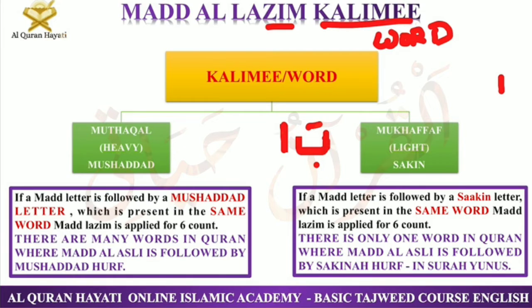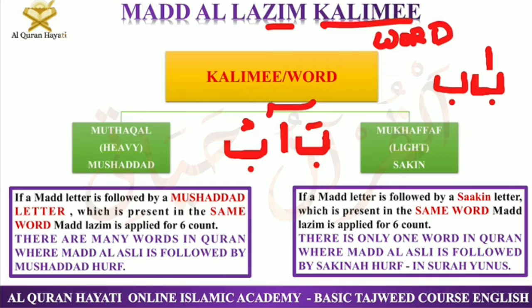We can also take ba with standing fatha, because even standing fatha is huruf al-mad. If huruf al-mad is followed by a sakin letter, let's take another ba with a permanent sukoon, then this is mad al-lazim, which has to be stretched for 6 to 7 counts.